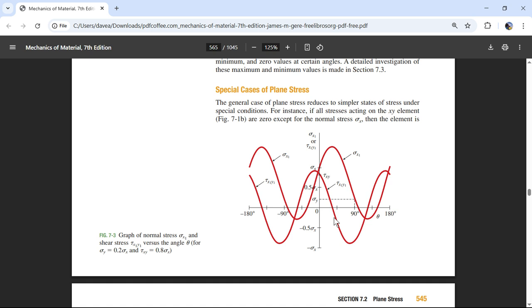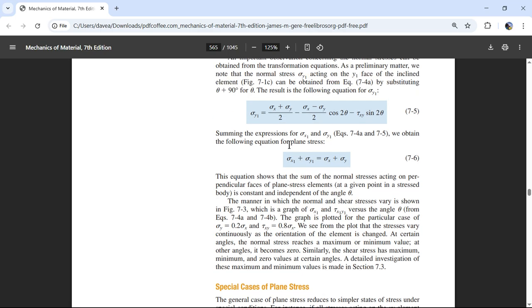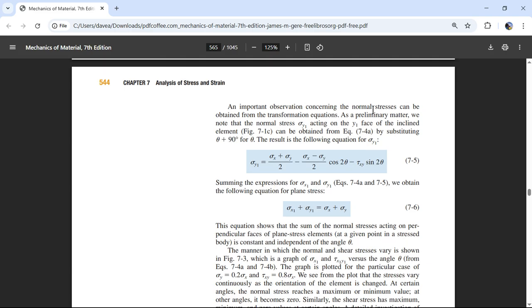I guess I can talk my way through it. The fact that they don't show sigma x1 and sigma y1, we know, oh yeah, from that equation, it's the same equation. Sigma y1 is just, I guess you don't call it a transformation, but it's just this equation shifted 90 degrees.